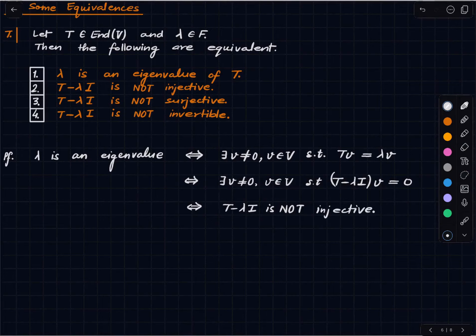And the rest is what we recalled in the beginning of the lecture. Okay? Very simple, but very useful.